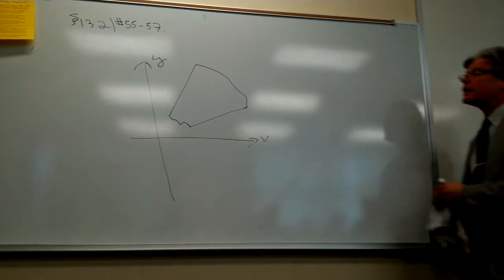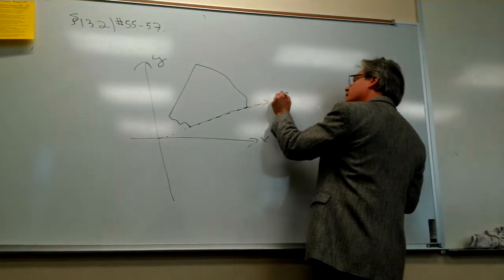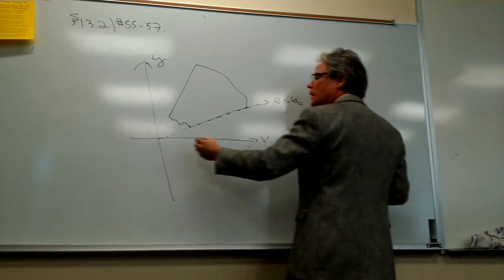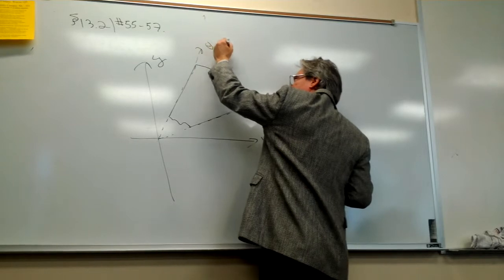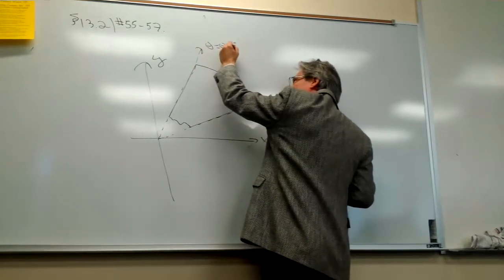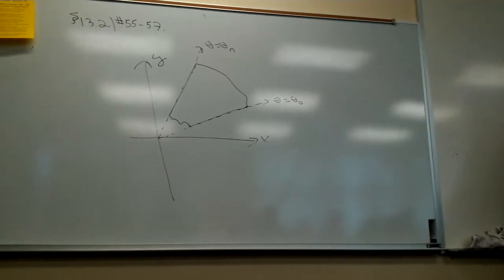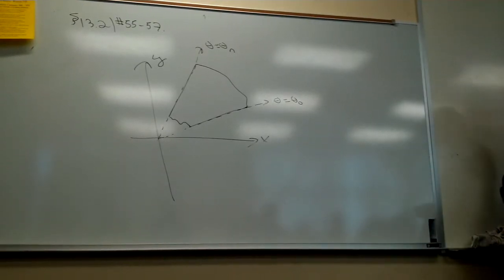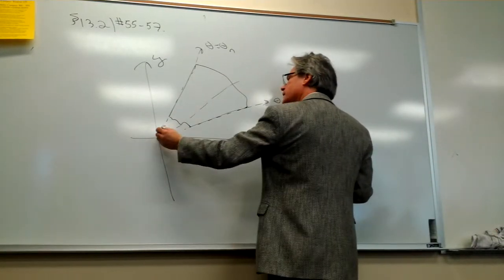Maybe I could take a theta value that's theta sub naught, and another theta value, and I will subdivide that amount of rotation into n subintervals. And maybe I can even talk about an arbitrary little piece right in here.